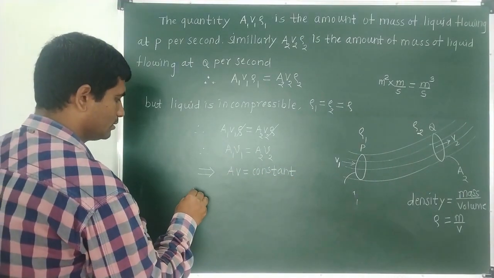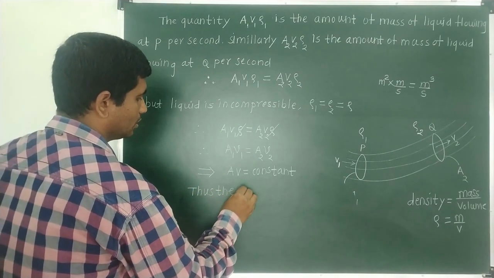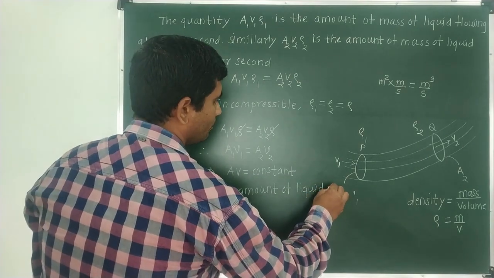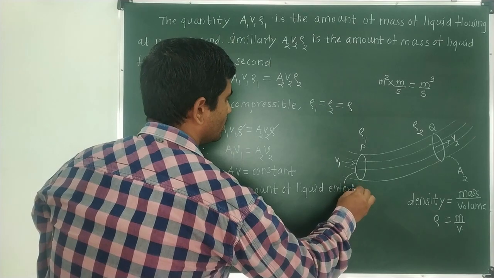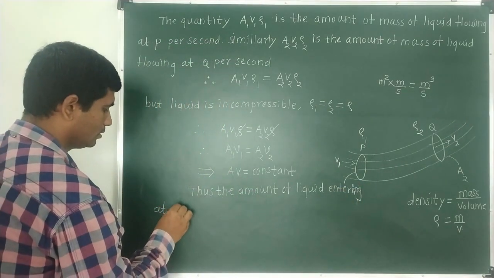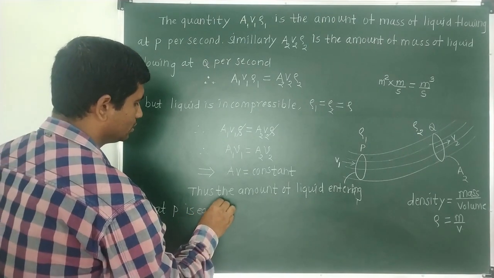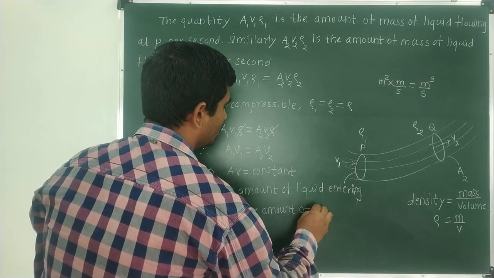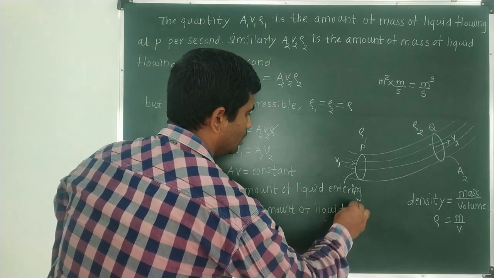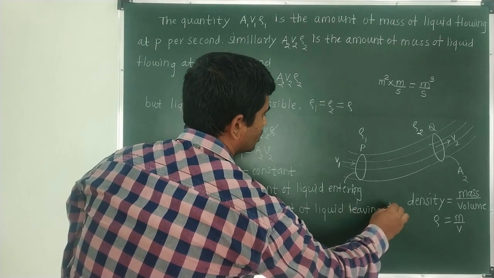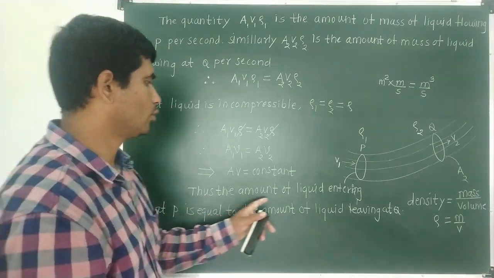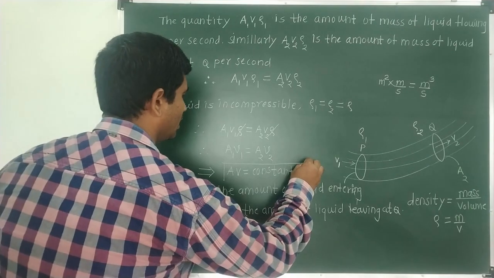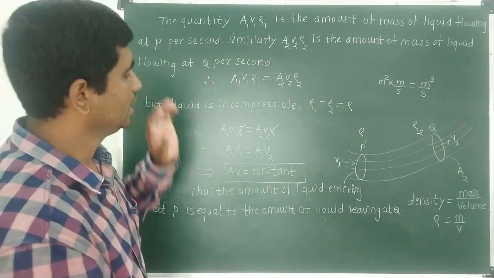From this one we can write, thus the amount of liquid entering at P is equal to the amount of liquid leaving at Q. Okay, thus we have this expression AV is equal to constant, and this equation is called the equation of continuity.